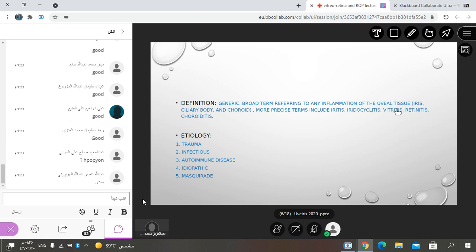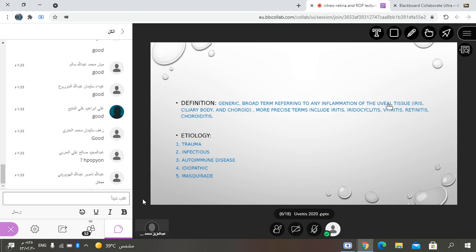But there is no inflammation of the vitreous itself. It is just a spillover into the vitreous, like in the anterior chamber. Retinitis, yes, if there is inflammation in the retina. Choroiditis, vasculitis, if the inflammation involves vessels in the retina, and choroiditis if it is involving the uveal tissue in the choroid.